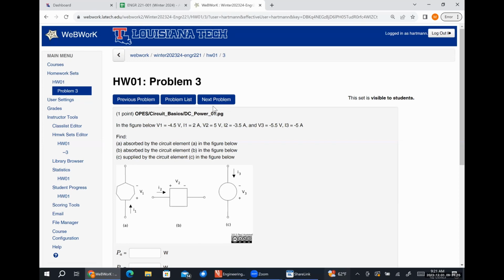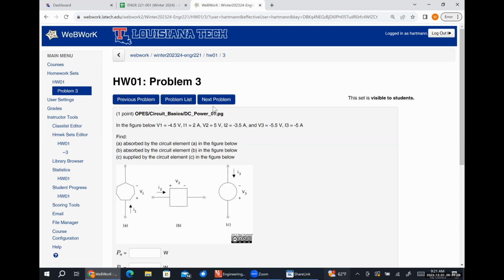So I'm going to start by asking a simple fundamental question, and I'm going to pick on the people whose names I already know. Over time, everybody will get picked on. Abram, for part A, is that current I1 flowing into the positive polarity terminal or the negative polarity terminal of that weird seven-sided element?